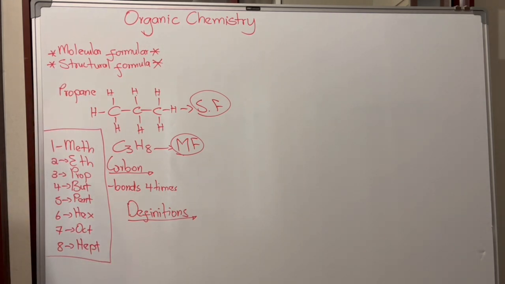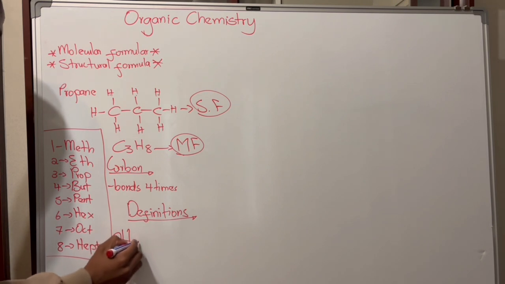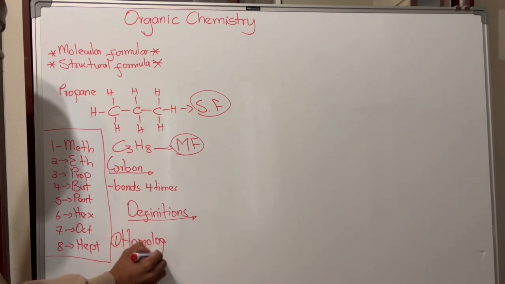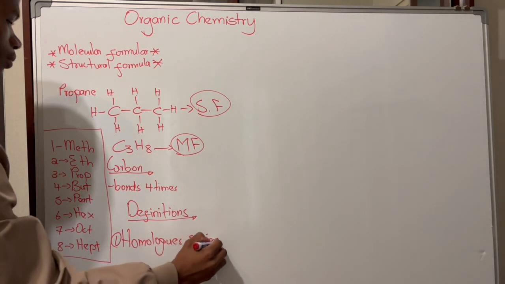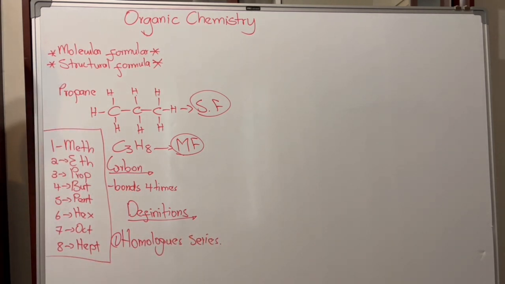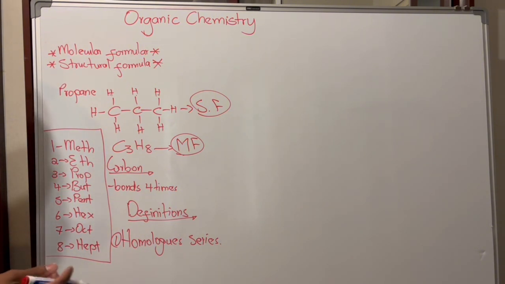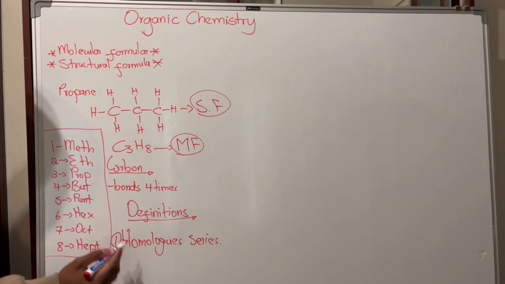So the first definition that they would ask you is homologous series. Basically, a homologous series is a series of compounds with the same general formula as well as the same functional group. And I talked about functional group.